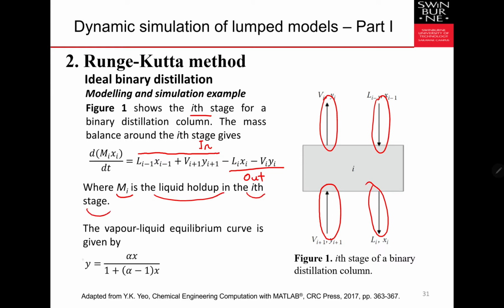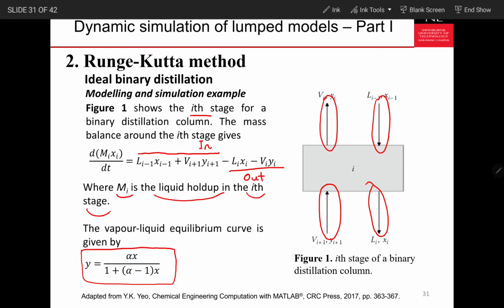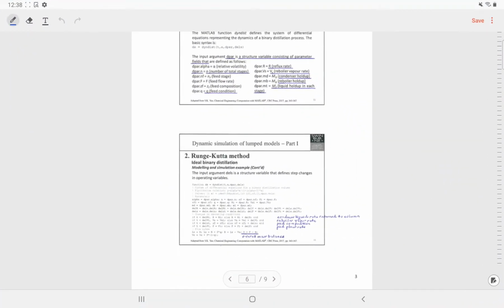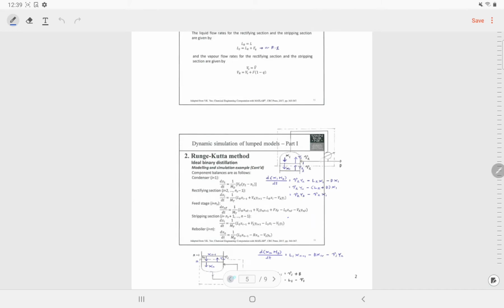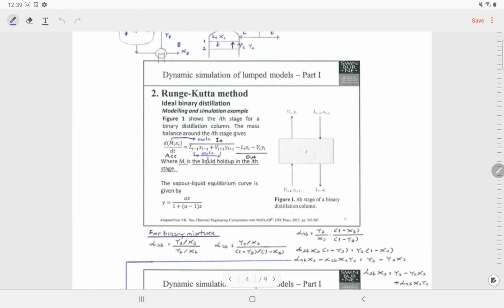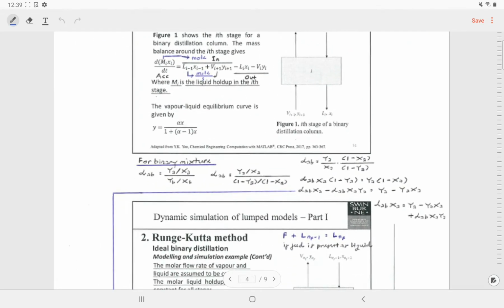The vapor liquid equilibrium curve can be given by this particular equation. All the needed calculation has been given in my additional notes. For example, if you go into the ideal binary distillations here, I show for the binary mixture how this formula is derived from the first definitions of the volatility of the binary mixtures.